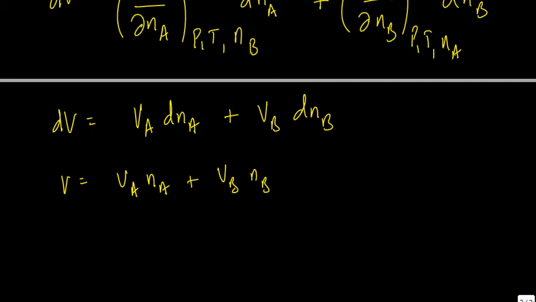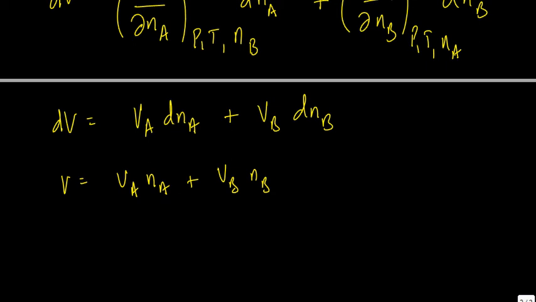VA and VB are changing. Yes, but it's constant for that small number of moles that I've added, for a particular composition, is what I'm looking at. At a particular composition, I want the total volume.